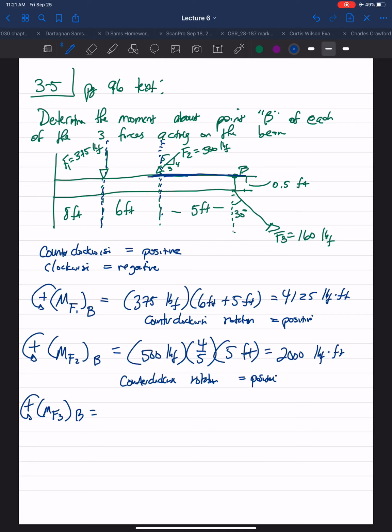If you look at this as a right triangle, then the horizontal component of F3 would be sine, the B leg, since this is our angle theta. And the vertical component would be cosine, the A leg. So cosine of 30 will be our vertical component. Sine of 30, the B leg, will be our horizontal component.